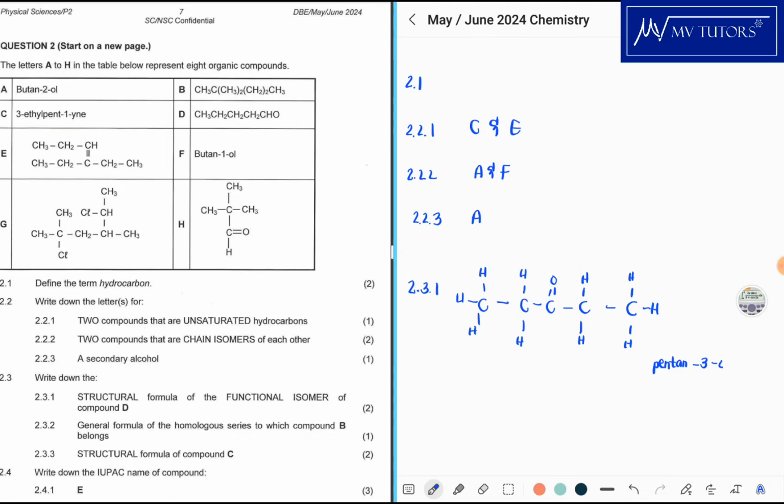From aldehyde to ketone, pentan-3-one. But they didn't want the name, they just wanted a structural formula.